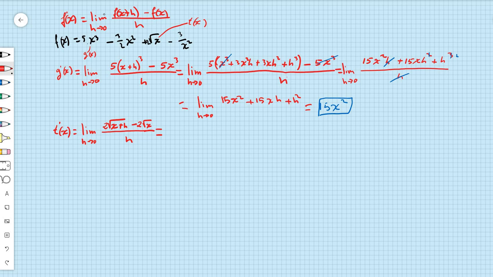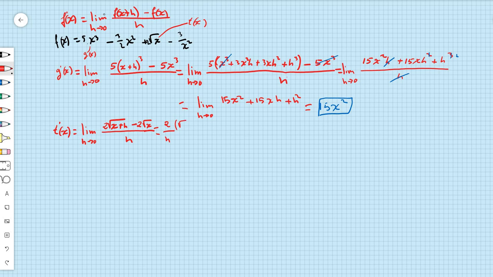So we'll multiply by the conjugates, by the conjugates. If we multiply these by the conjugates, let's simplify this first. That way, it will be clearer to see.